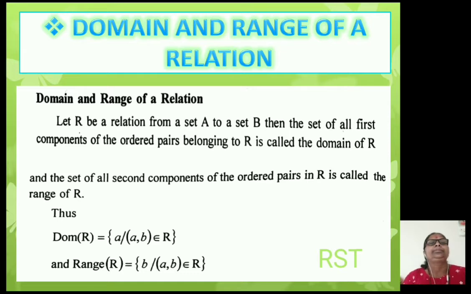And range of R is defined as the set of b in B such that the ordered pair (a, b) belongs to R. That means the range of R contains the second component of ordered pairs, and the domain of R contains the first component of ordered pairs.